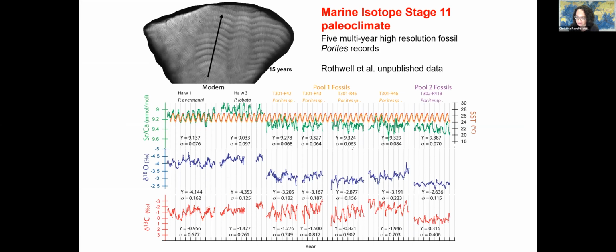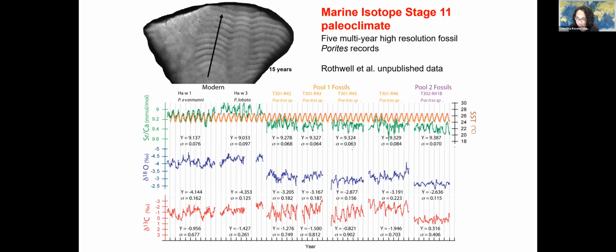So this is in the context of the plunge pool samples. On the left, there's two modern samples, and then on the right, there's samples from the two plunge pools from stage 11. The comparison between the modern and the stage 11 corals is what's illustrated here.